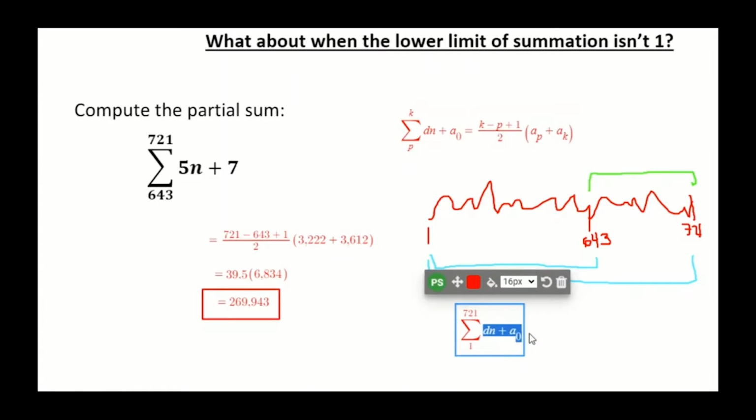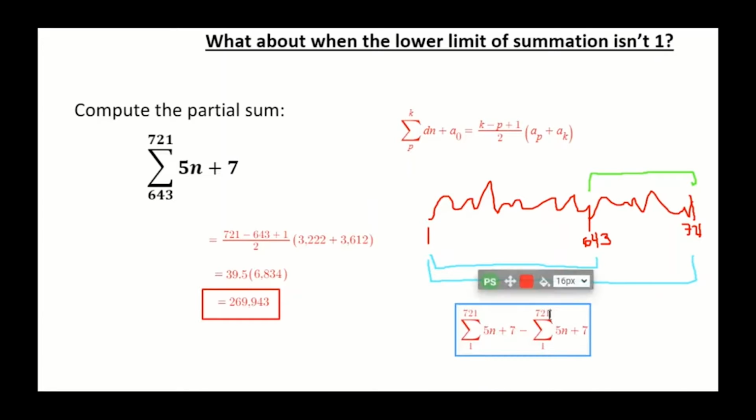And the sequence there is still 5n plus 7, that doesn't change. And then we want to subtract, and this is where it gets a little cool, the one from 1 to 643. And maybe we want to put parentheses around here, though you don't usually have to.